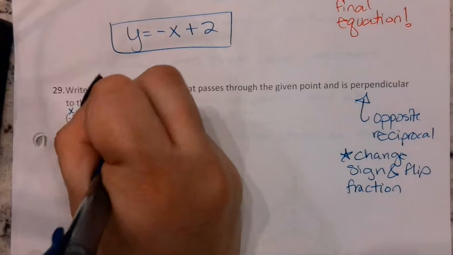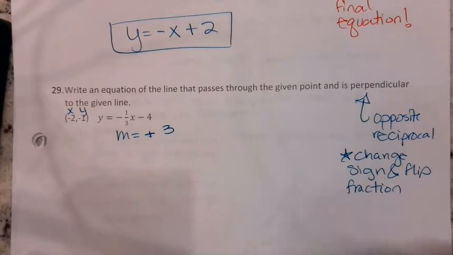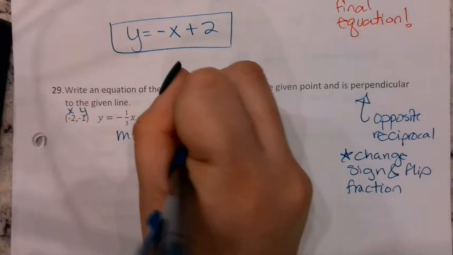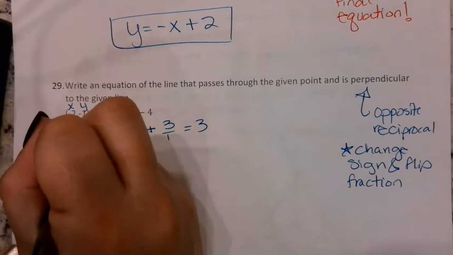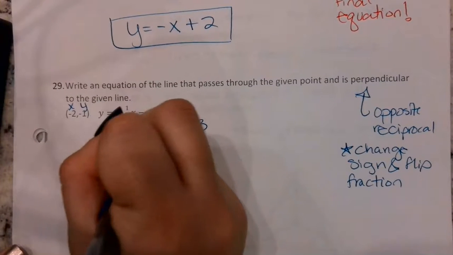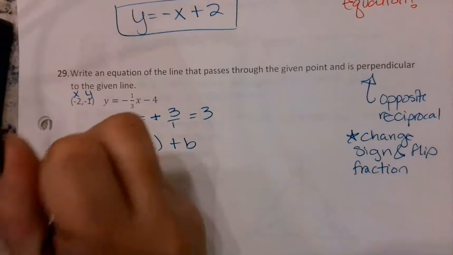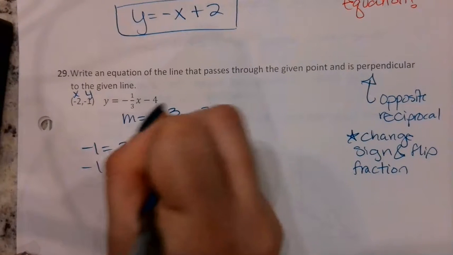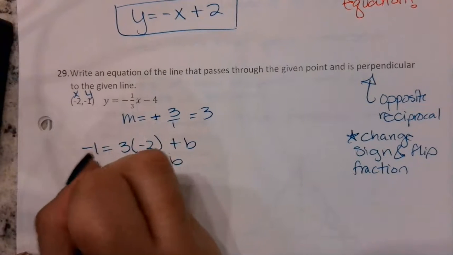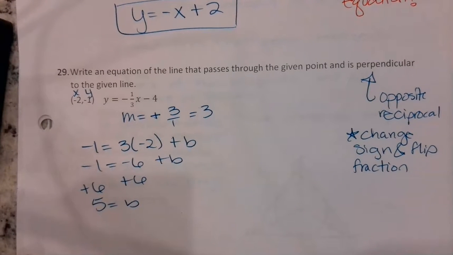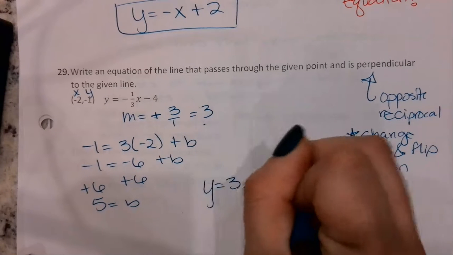My m this time is going to be the opposite sign, so it's going to be positive, and I flip my fraction, so 3. Well, I have 3 over 1, so that could just be 3. So then I'm going to plug in, so I have negative 1 equals 3 times negative 2 plus b. 3 times negative 2 is negative 6. I add 6 to both sides. I have 5 equals b. So I plug back in with this m. I have y equals 3x plus 5.